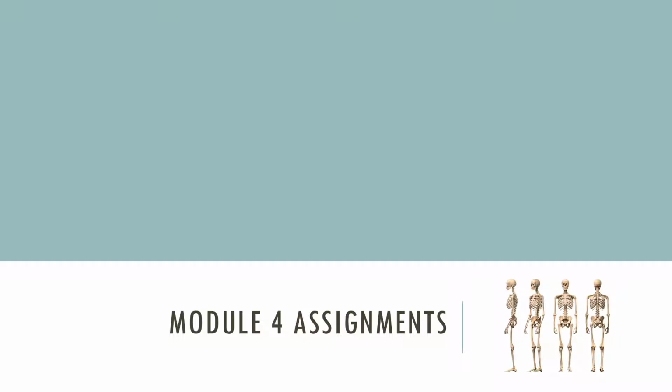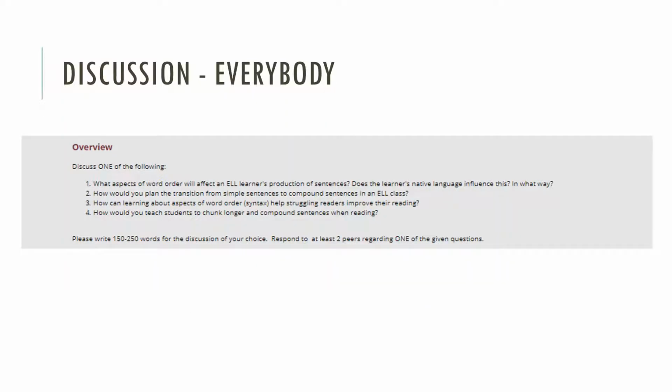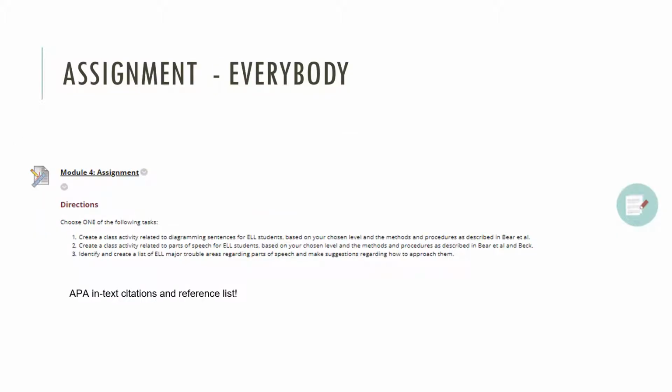So what are our assignments for Mod 4? The discussion is a choice, and again, this can be a personal connection or you can connect it to the course materials. The Module 4 assignments are a choice, and that is where you are creating an activity or creating a list. And if you would like to do the activity choices, you can use a modified version of the lesson plan template.